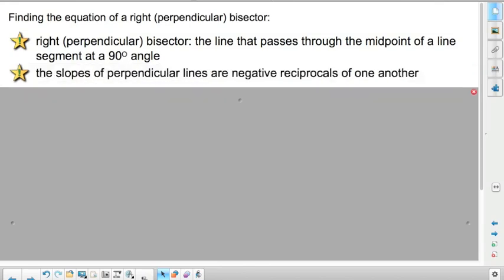One other review, from grade 9, so re-jog your memories a little bit: the slopes of perpendicular lines. If we take two lines that are perpendicular to each other and take their slopes, the slopes are negative reciprocals of one another.